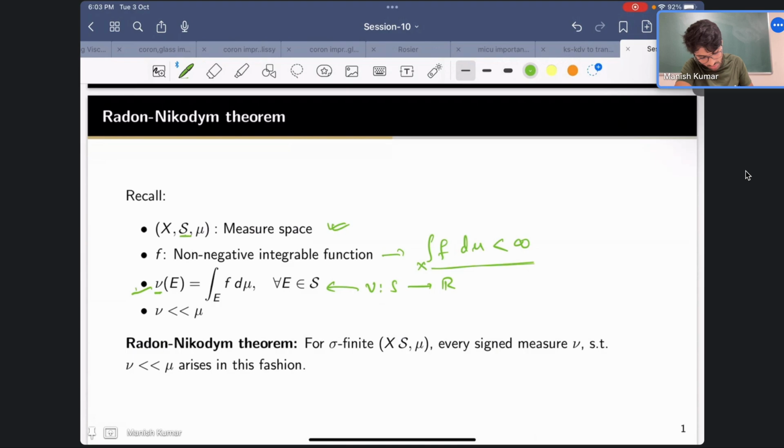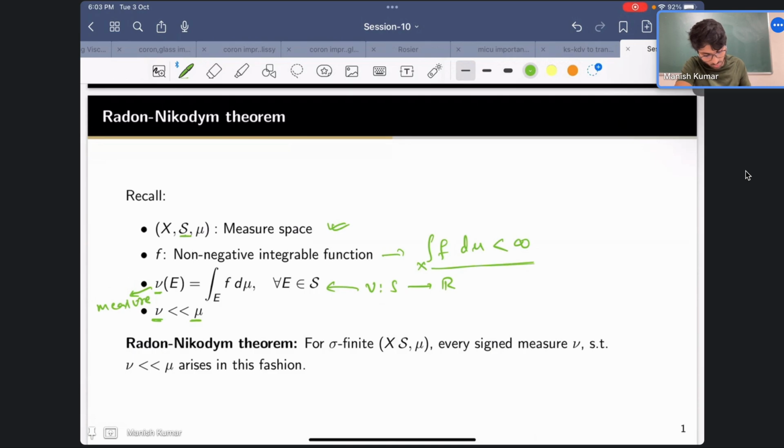You have shown that this is a measure, and in fact that this new measure nu is absolutely continuous with respect to mu. This we have seen in the last session, I guess.